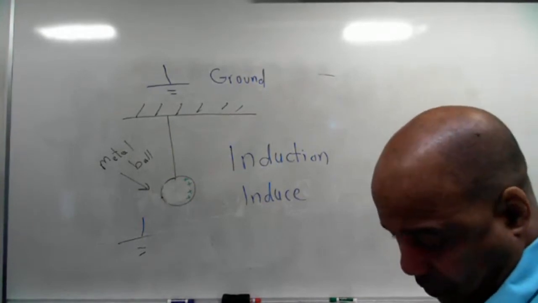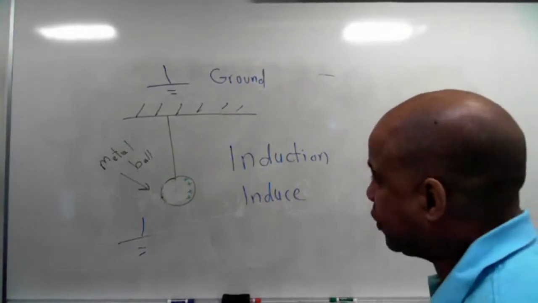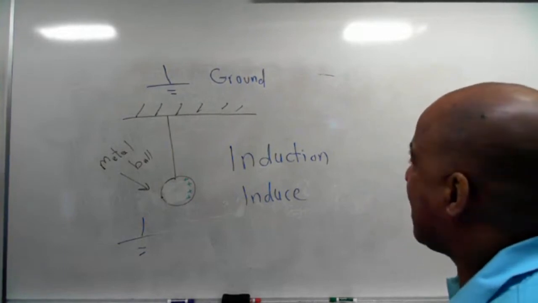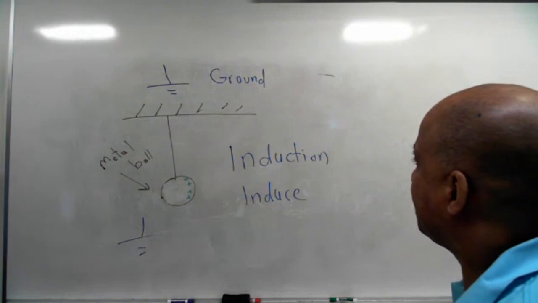Anybody have any questions over charge or charging an object or anything I talked about so far? Any questions or comments? So when we talk about charge, it means like negative coulombs.